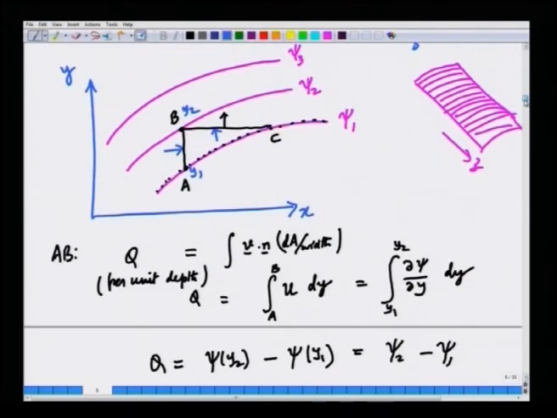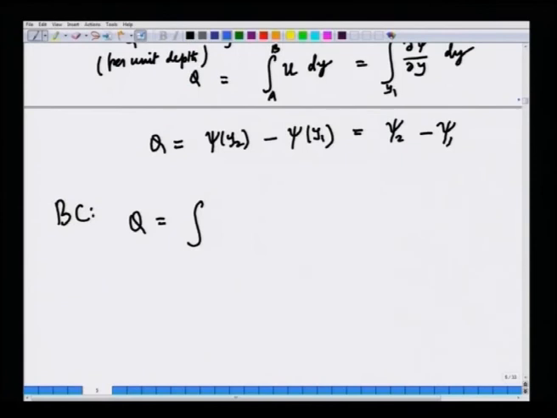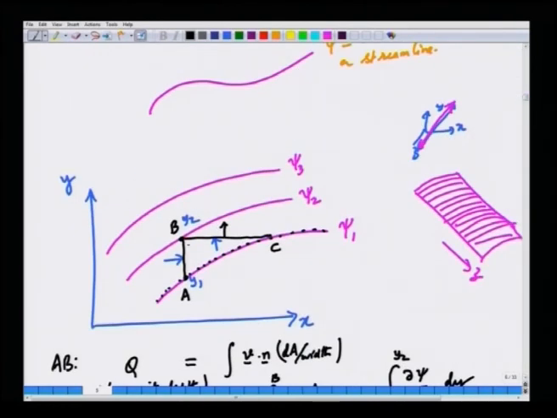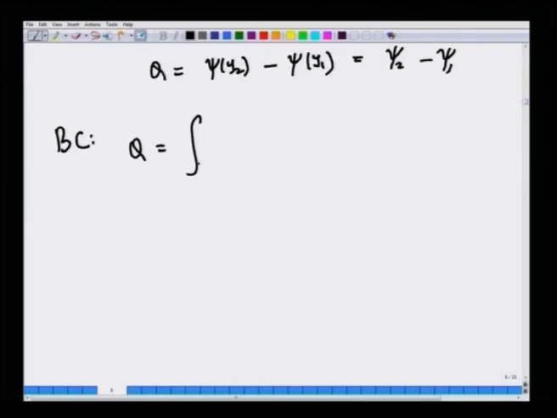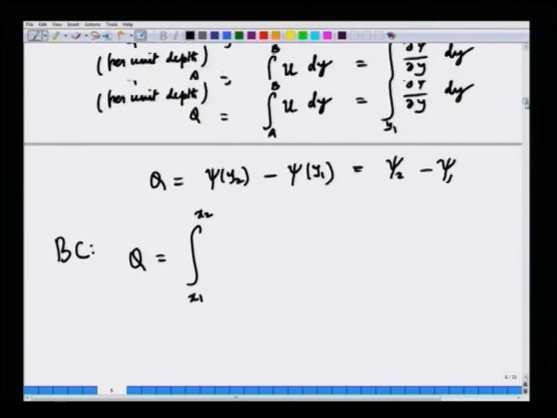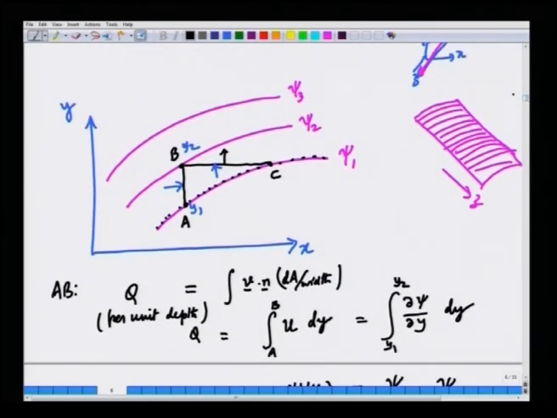So, the normal component is just the y component. So, q per unit width will be written as, now the only thing that differentiates between B and C is their x positions. Here it is x 2, here it is x 1. So, the integral from x 1 to x 2. We are now computing with the point x 1 here and x 2 here.